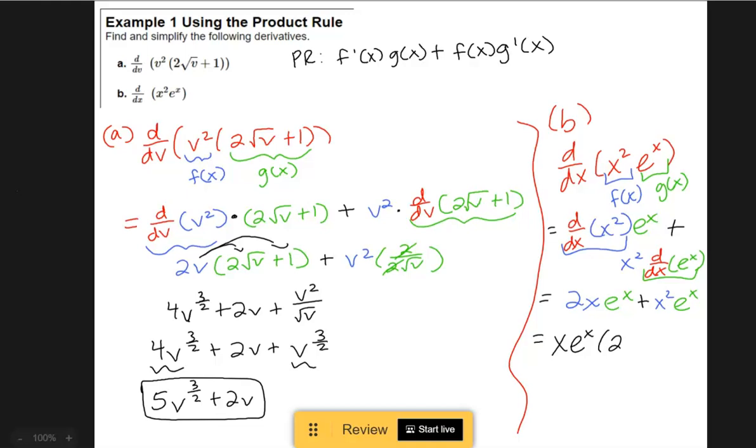So actually I'm going to take out the e to the x so I can separate the exponential part from my polynomial. I would not count it wrong if you took out an x as well.